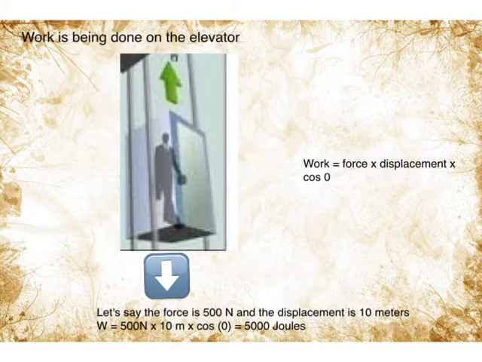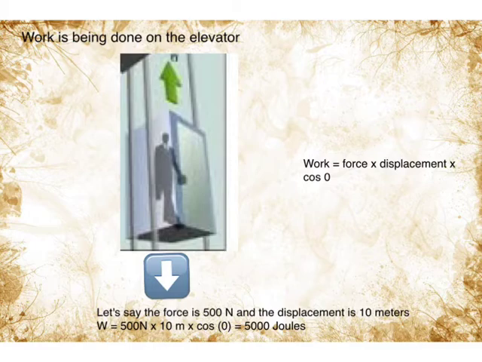Now, when this happens, work is being done on the elevator. And this force, the force of the chain here, pulling it up, is going to do some work on the elevator. And we know that work equals the force, so this force times the displacement, however much the elevator moves upwards, and then times the cosine of 0 because the force is parallel to the direction that the elevator moves.